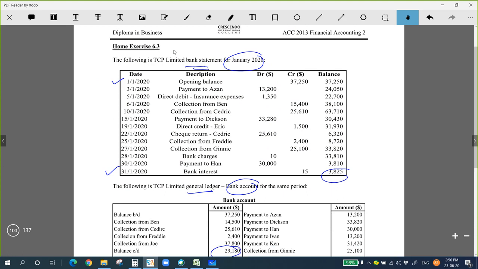Look at exercise 6.3. You can see that they give you the bank statement. And in the bank statement, you can realize that credit in the bank statement will make the amount increase. And then debit in the bank statement will make the amount reduce. Do you know why?